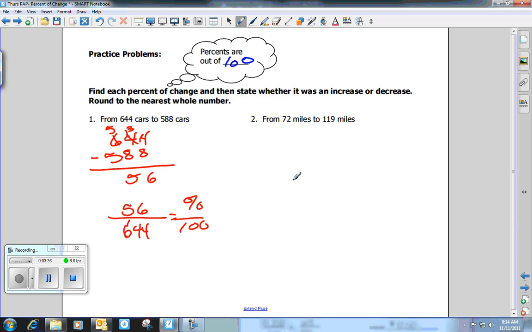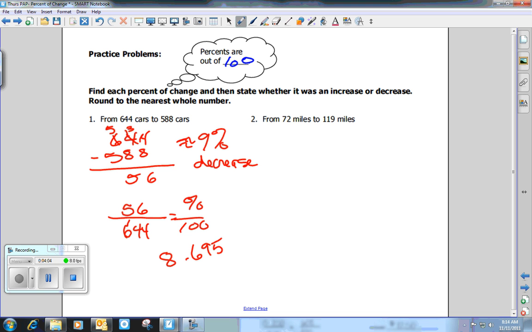And we're going to have an answer of 8.695. We're rounding to the nearest whole number, so that's going to give me about 9%. And we started at 644 and went down, so that's a decrease. This little wavy line means about, approximately 9% decrease.